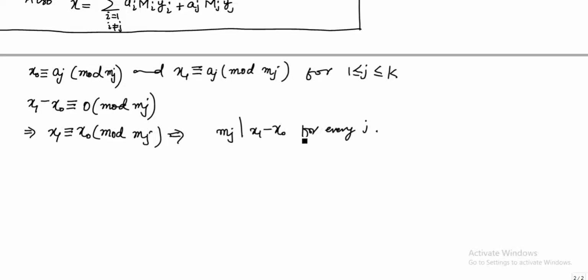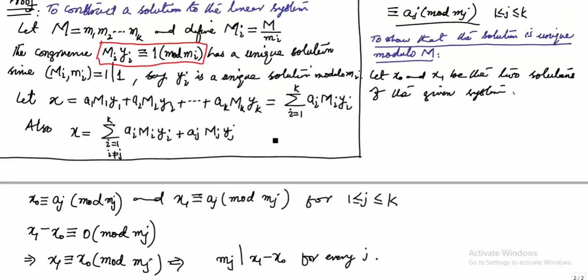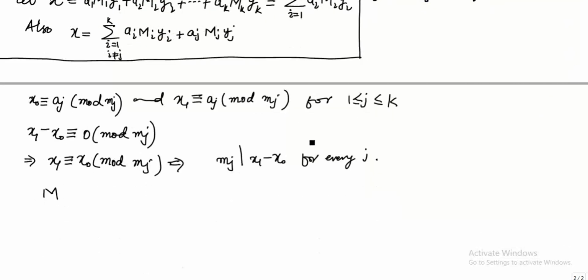We know that all the mj's are relatively prime pairwise. It means the product of all mj's, which we have assumed as m, divides x1 minus x null.